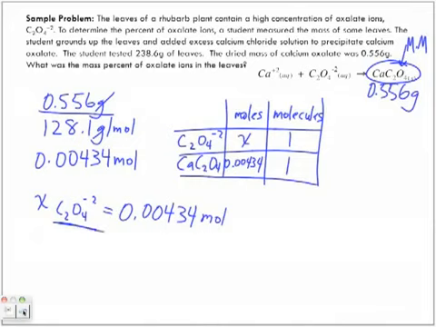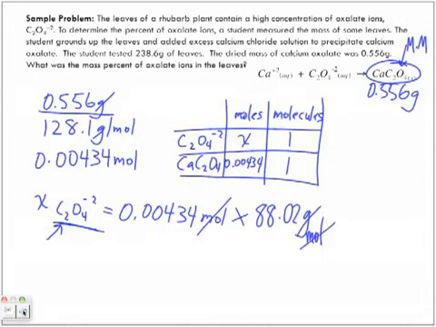Now, the fact that we've got this -2 does not affect calculating the molar mass, because the molar mass is just the regular mass of 2 carbons, 4 oxygens, as normal, right? So when we have the number of moles, to find the actual mass of it we multiply by the molar mass, and the molar mass is 88.02 grams per mole.